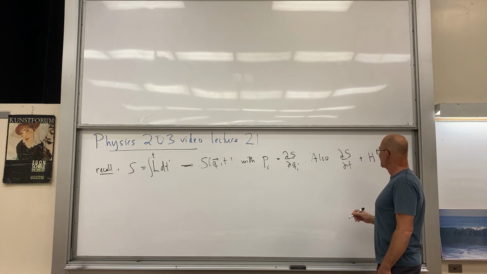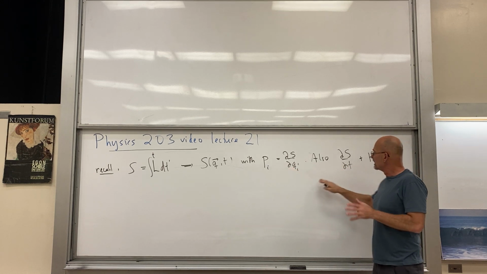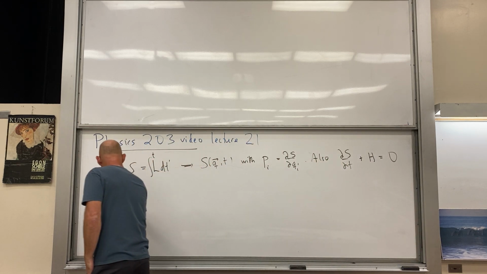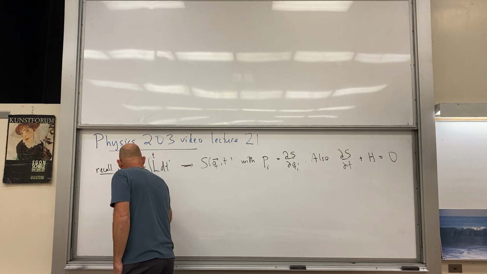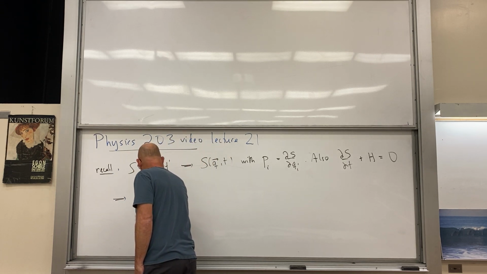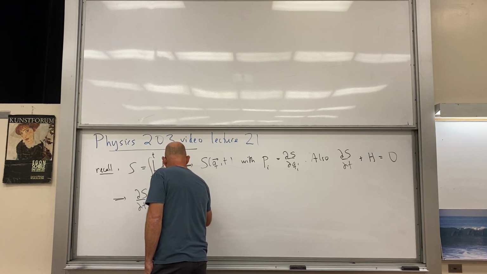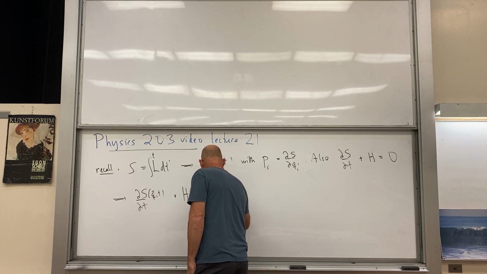equals 0. Okay, and the combination of these relations here allowed us to set up a differential equation, the Hamilton-Jacobi equation, which was, and I'll write all the arguments here: dS/dt, a function of the coordinates and the time, plus H, a function of the coordinates, the derivative with respect to the coordinates.